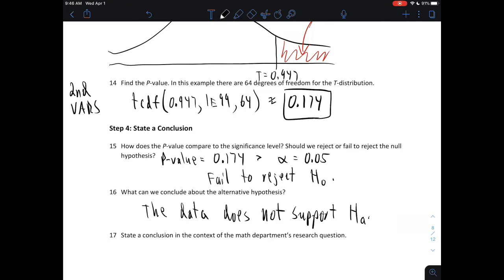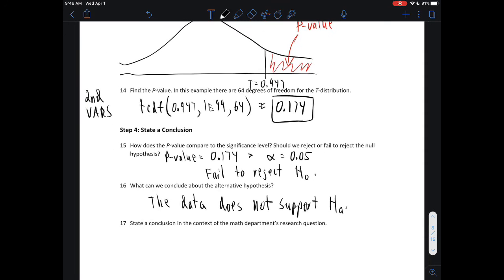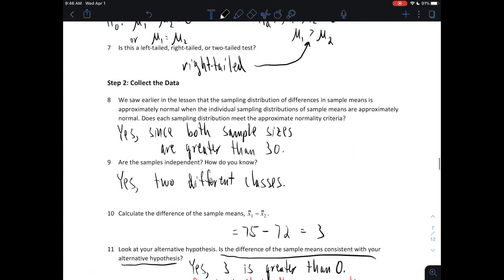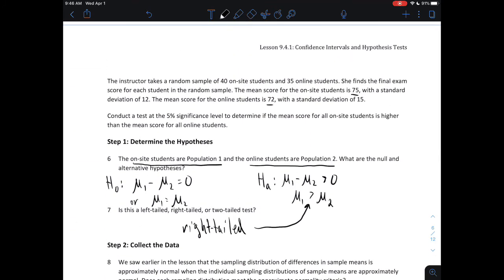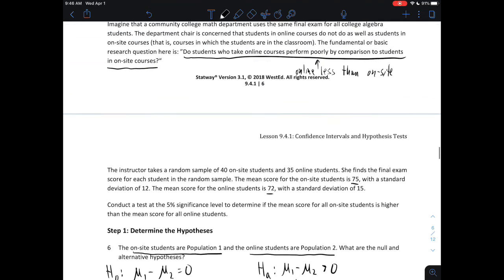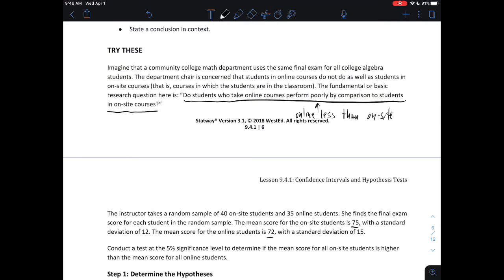So if we go back to our hypotheses, the alternative hypothesis states that the online students are not doing as well as the on-site students. But that's not supported, which means that the question we had, do students who take online courses perform poorly by comparison to students in on-site courses?